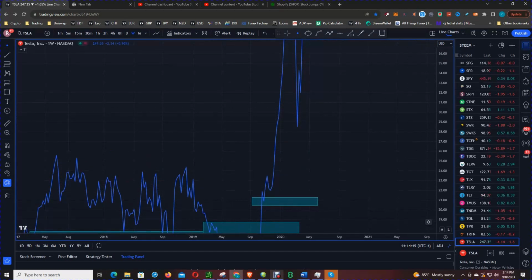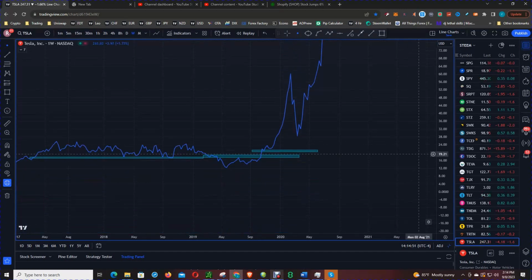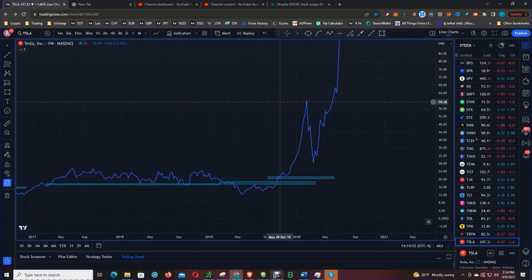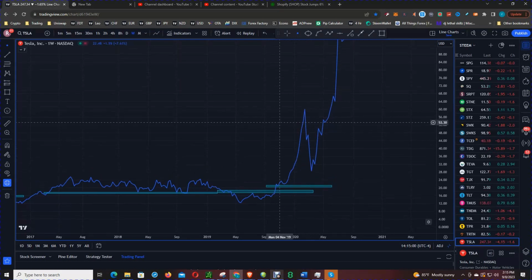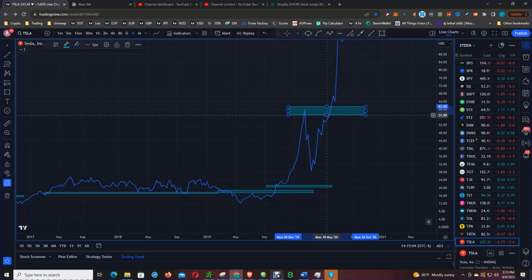All right, let's continue. So you have a rally in price, base, and then a drop. And then on the drop, you have a drop, base, drop.